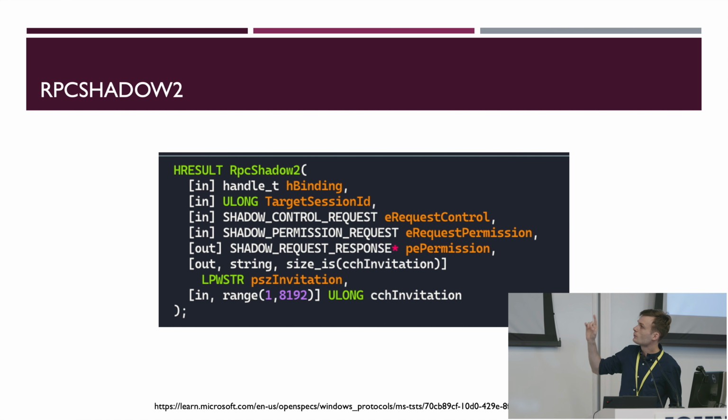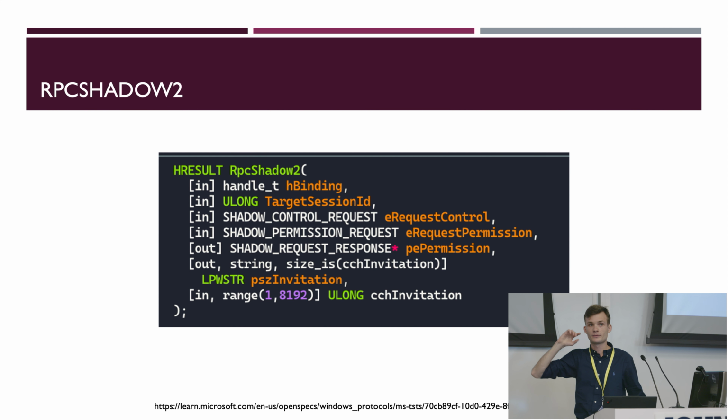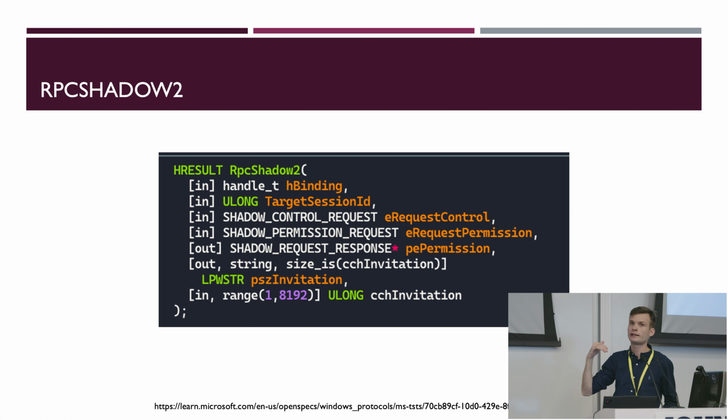As a result, we get back a permission. It's also defined as an enumeration because there are more values than just allow or deny. And most importantly, we get an invitation, like an old vampire. So this is how the enumeration looks.